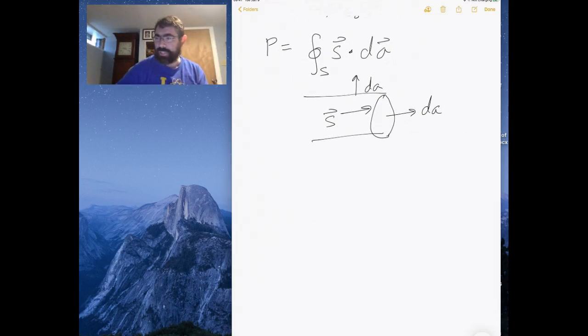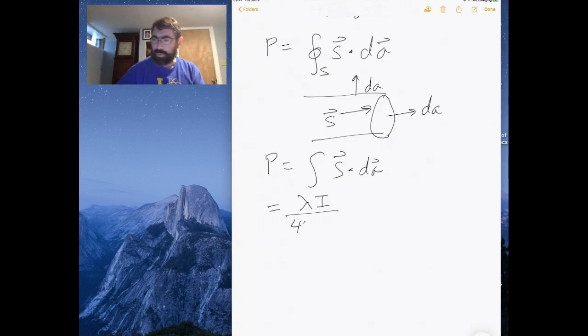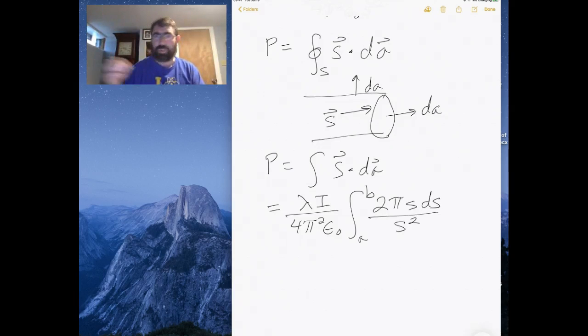And so what we get, for power, is just S dotted into A, which is lambda I over 4 pi squared epsilon naught, the integral from radius a to b, 2 pi from the d phi, s ds over s squared.